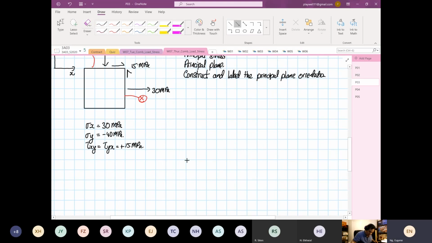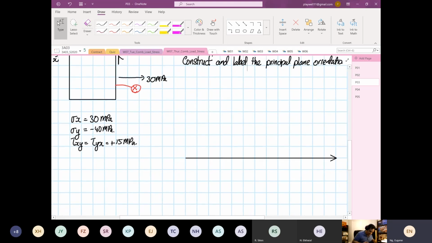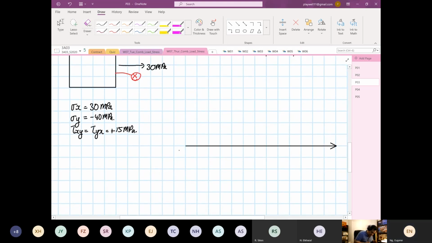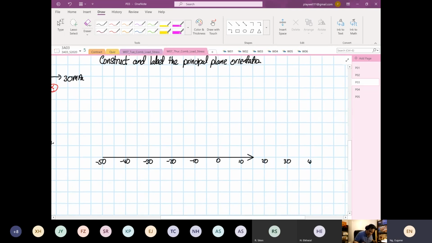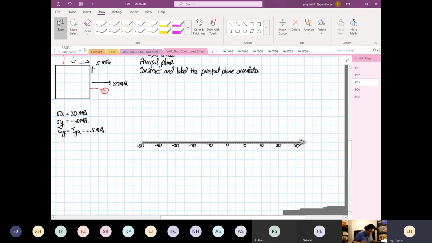Okay, the scale has to be the same. So this is my Mohr circle. I'm going to start from minus 50, 40, 30, 20, 10, 0, 10, 20, 30, and 40. And then you do your shear.